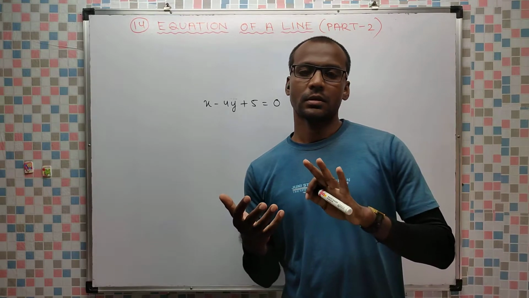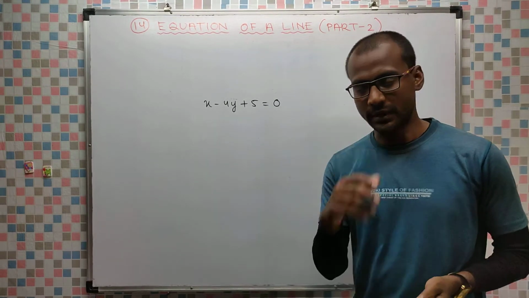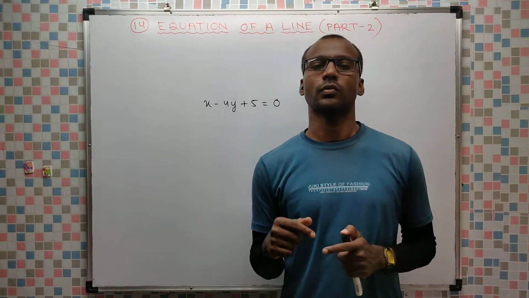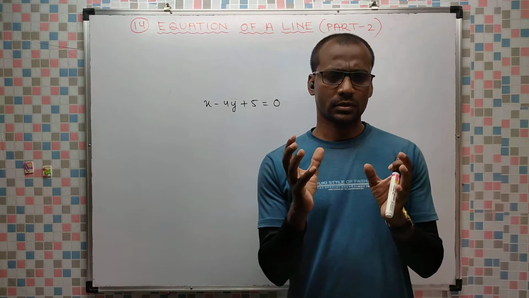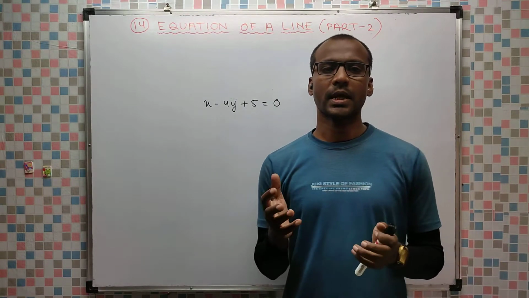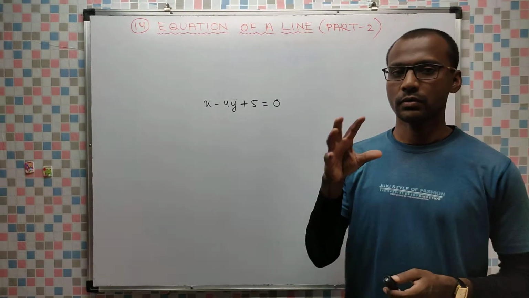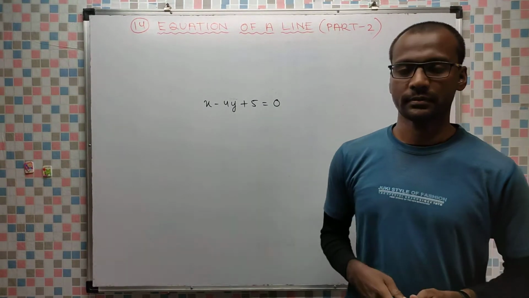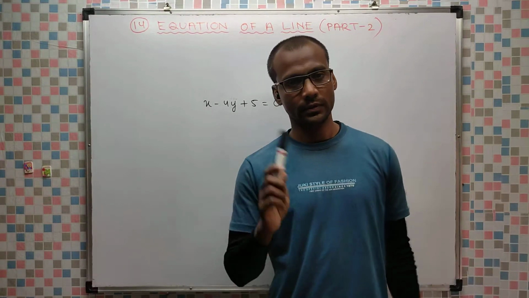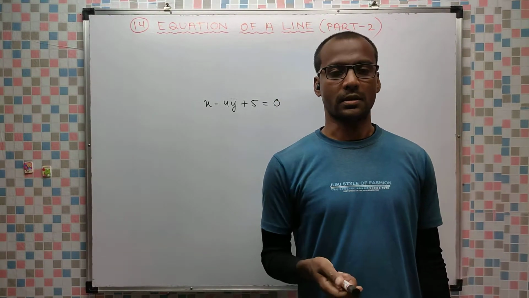But let us move back now. Means converse. If a line is given to you, or some basic information about the line is given to you, can you find the equation? We are going to do this in this chapter. In class 9, equation was given and we found out the line.